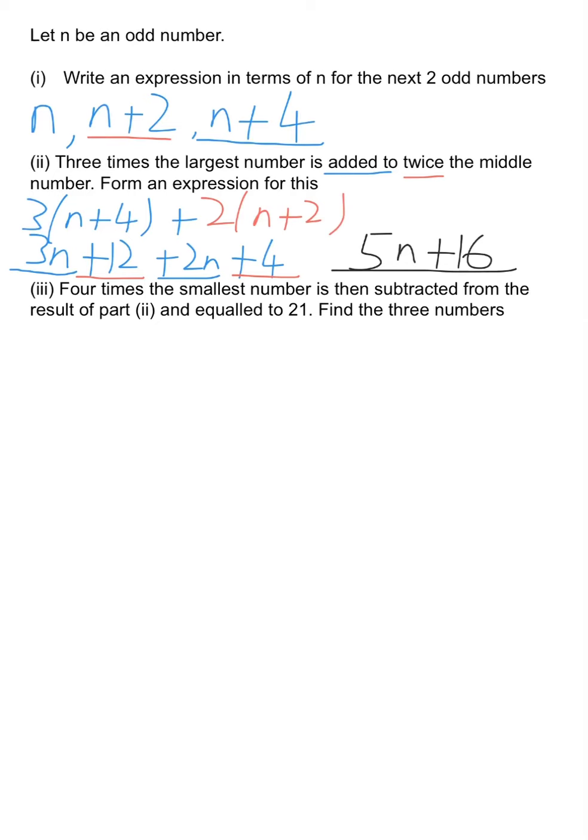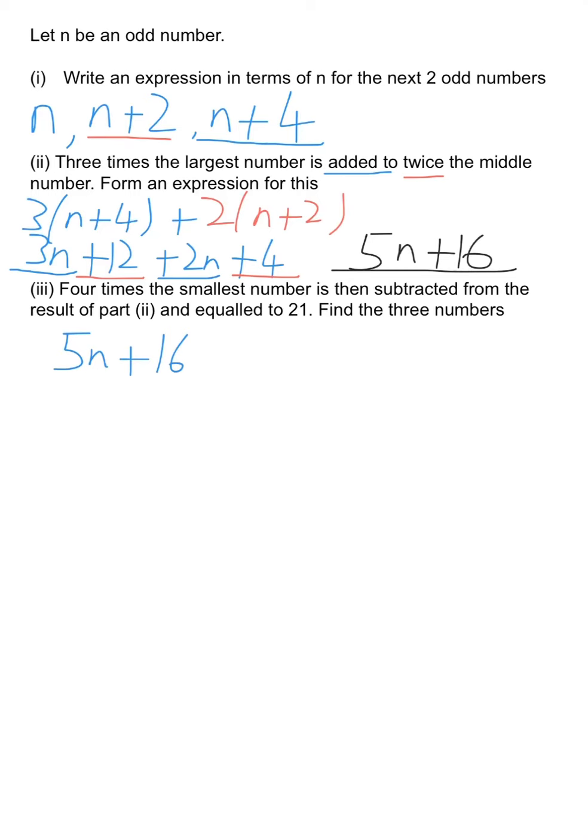Lastly now, 4 times the smallest number is then subtracted from the result of part 2 and equal to 21. Find the 3 numbers. Okay, so we have our result from part 2. That's 5n plus 16. Now 4 times the smallest number. So the smallest number is n.